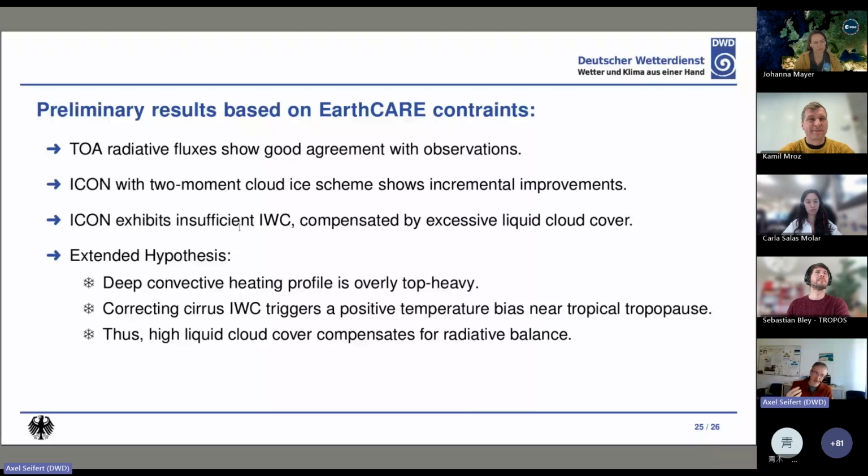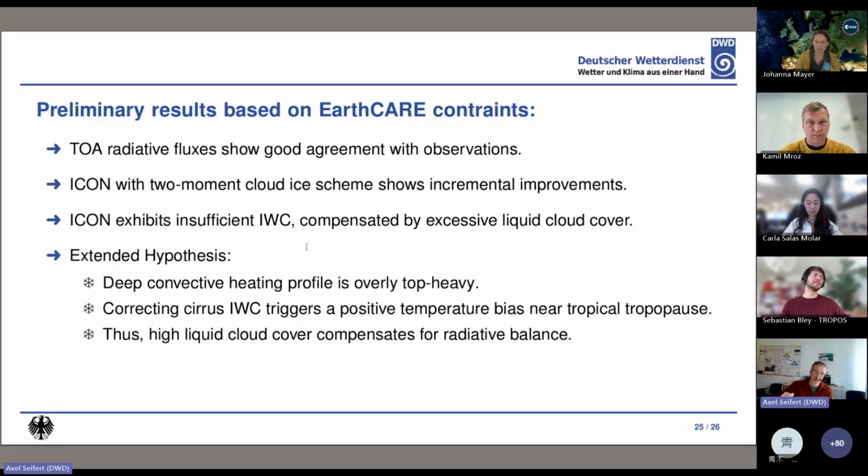So the microphysics model would want to make more ice water content. But when I do that in ICON, then I get a temperature bias in the upper troposphere, especially in the tropics. And now having this information that the higher ice water content would actually be the correct solution, that points towards a new or extended hypothesis, which is also not very new, that our deep convective heating profile from the convection scheme might be overly top heavy, giving us too much heating in the upper troposphere.